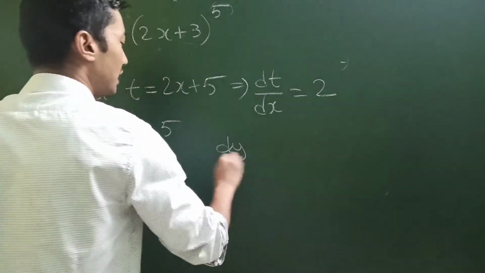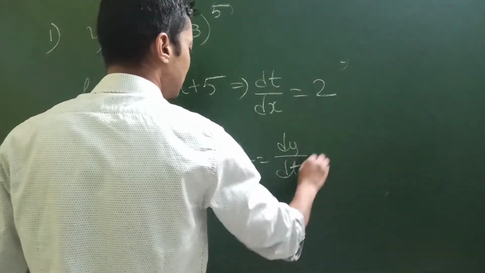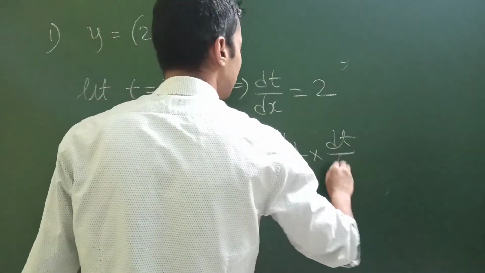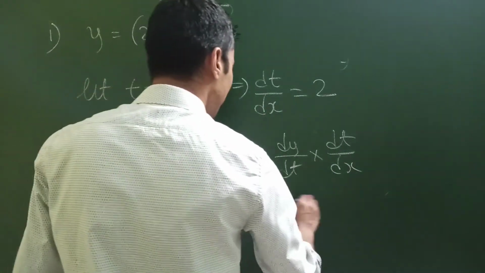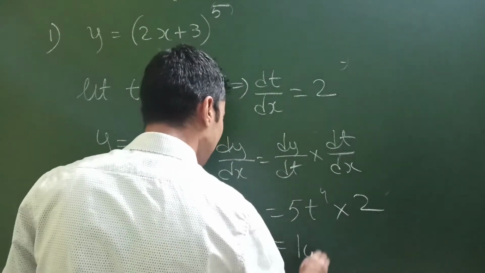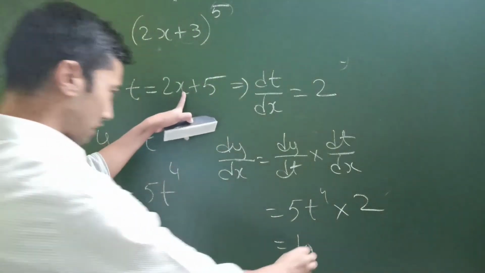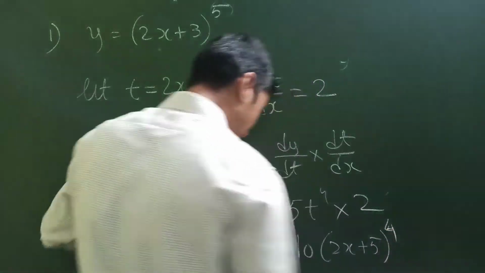Now ultimately dy by dx will be equal to dy by dt into dt by dx. dy by dt was 5t power 4, and dt by dx was 2, so that's 10. The t value we can substitute, that is 2x plus 3 whole power 4.